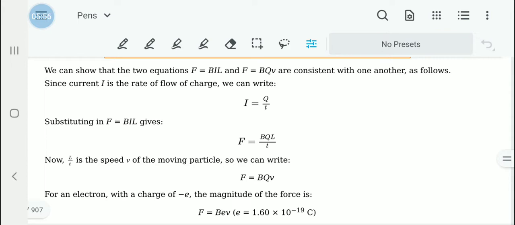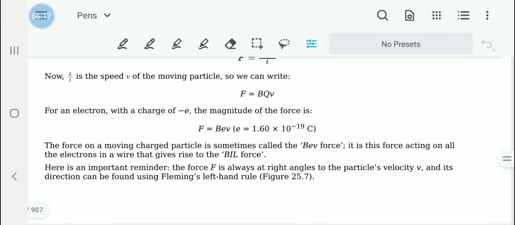When this is substituted into F equals BIL, we get F equals BQL upon T. Leave a line and write: because L upon T is the speed V, we can write F equals BQV.